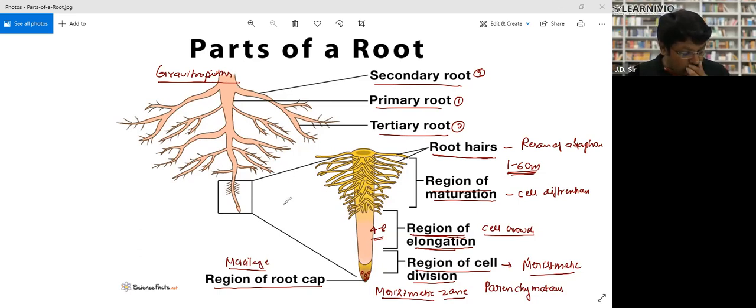The tubular outgrowths of this zone are called root hairs, which increase the surface area for absorption.